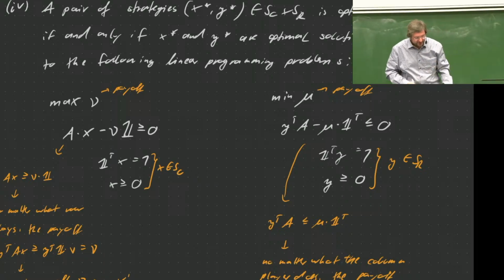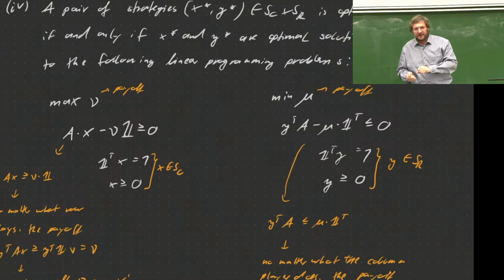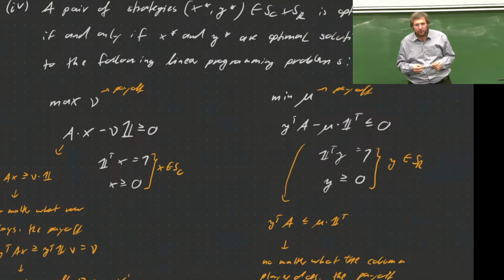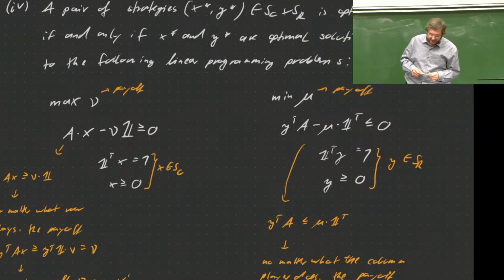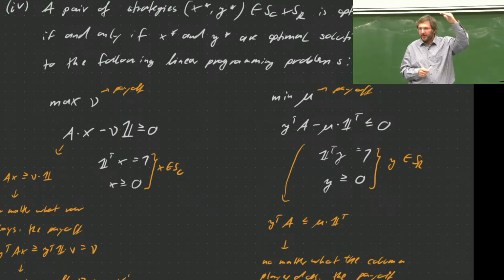So what column wants to do is, he wants to make it impossible for the row player to find a move that gets him a worse payoff. He wants to make sure that he will at least get a payoff of nu. And how can he do that? Well, basically, he can do that by making sure the row player always has to accept a payoff of at least nu, no matter what action he chooses.